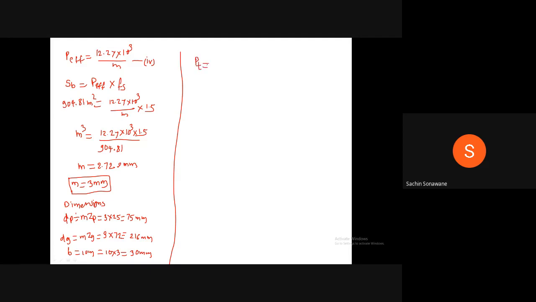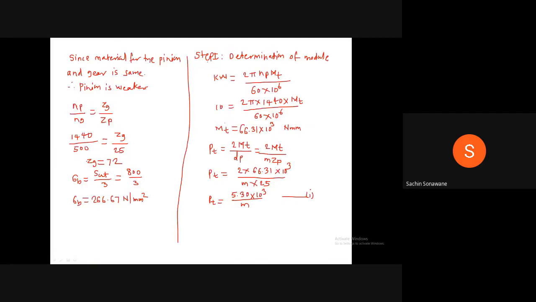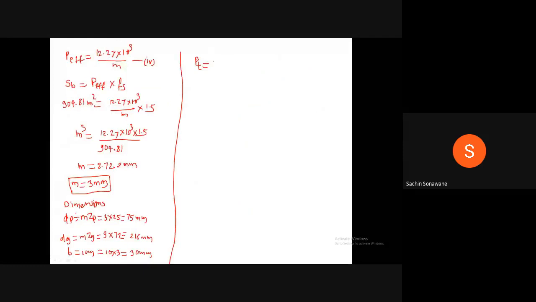Pt is equal to 5.3 into 10 raised to 3 divided by m, which is 5.30 into 10 raised to 3 divided by 3.